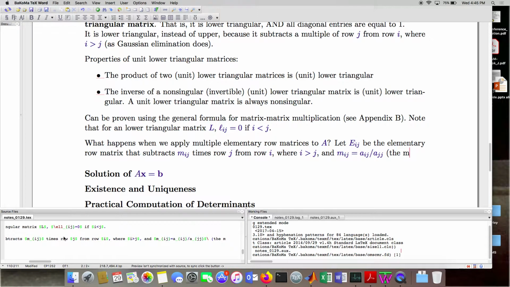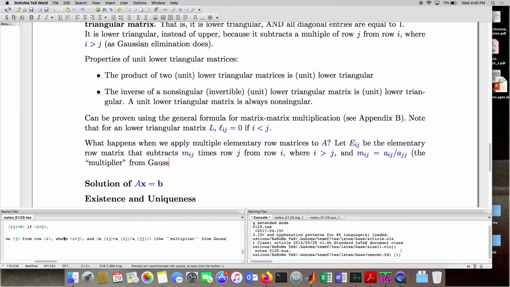This is a multiplier from Gaussian elimination.